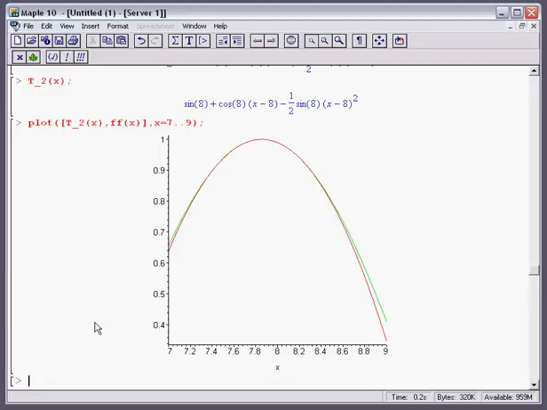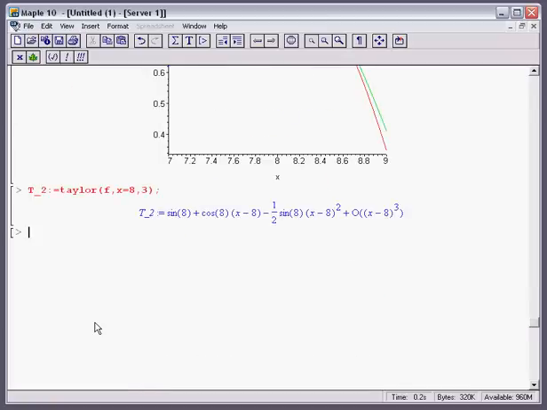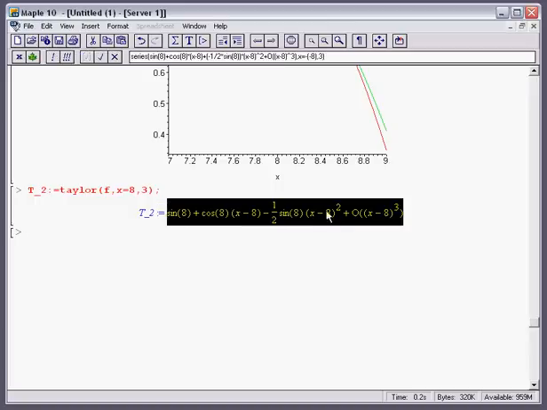And don't forget that I still haven't taken the time to investigate how to get the higher order terms off, but in the Taylor command, if you were to simply say t sub 2 is assigned to Taylor of f at x equals 8, let's go 3 terms, you actually see the same.